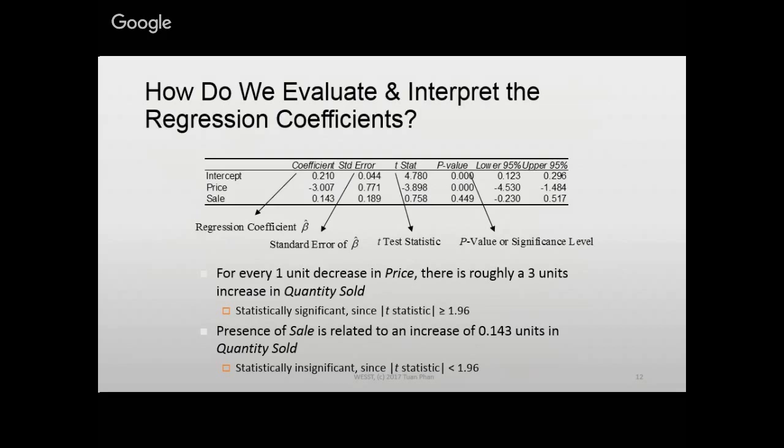So here, price is a good predictor of how many units of clothes are sold. On the other hand, whether it's on promotion or not, this is 0.1. The p-value is greater than 0.05, and the t-statistic is much less than 1.96. So whether it's on promotion or not is not a good predictor of the number of units of clothing sold. Okay. So that's how we can interpret these regression models.